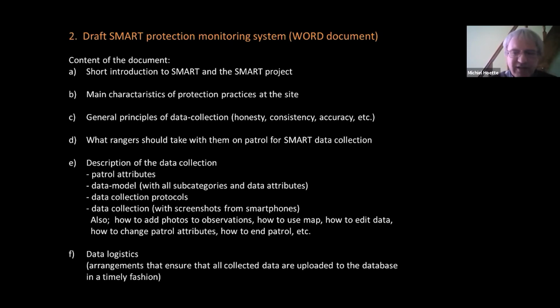Well, this is, I think, a useful overview for what to include in such a document that you can share with all stakeholders to get feedback and to ensure that you design a system that they really like and that is really tailor-made for the situation in which you work.